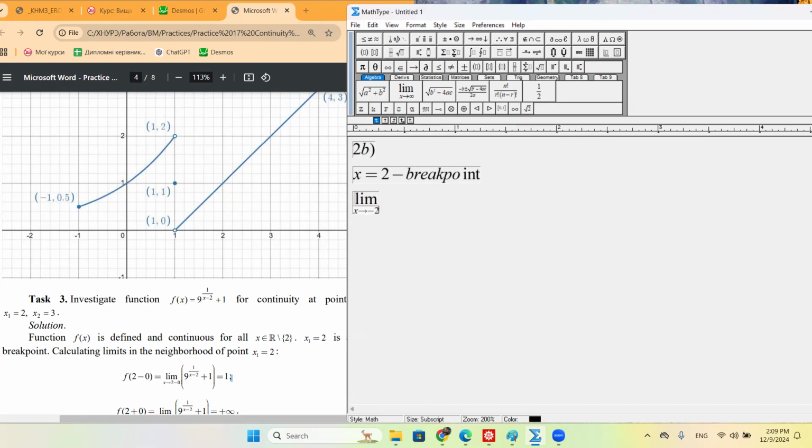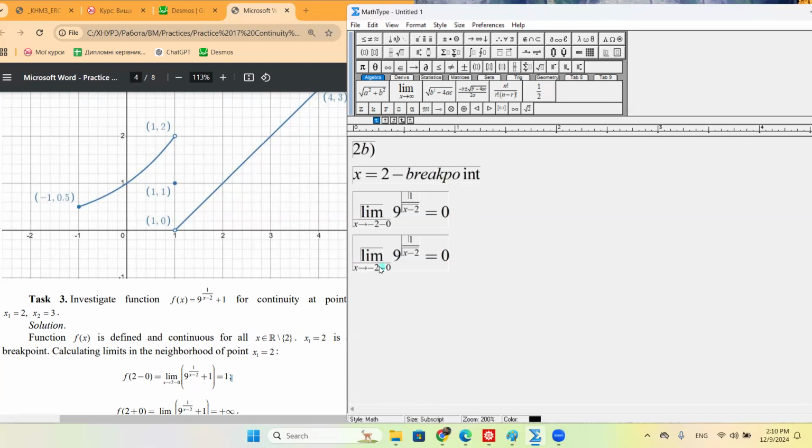In different parts. So 2 minus 0, 9 in power of 1 by x minus 2. So 9 in power of 1 by minus 0, so 9 in power of minus infinity, it equals 0.